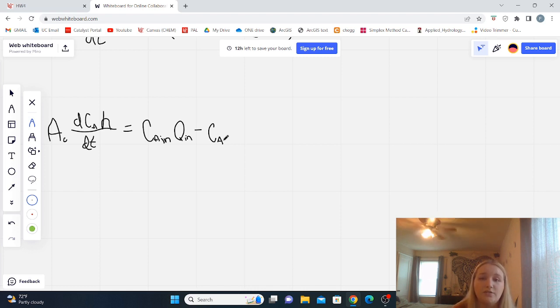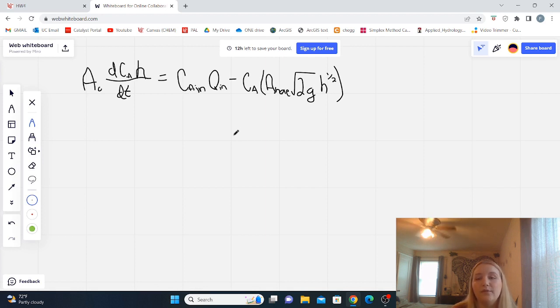We can assume that the concentration of A inside the tank is going to be equal to the concentration of A leaving the tank. So instead of having C_A out, we can just leave it as C_A. Then we're going to multiply this by the cross-sectional area of our hole, A hole, multiplied by the square root of 2g h to the 1/2.